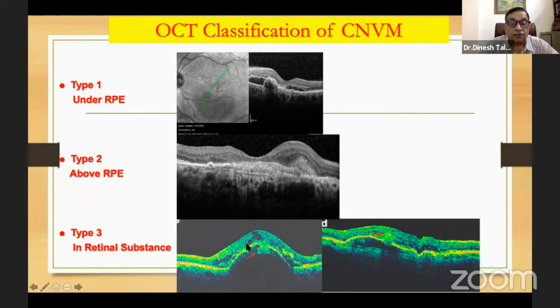So this is a type 3 CNVM, a very small retinal angiomatous proliferation, and it's just about breaking the RPE over here. So these are the various types of CNVM.